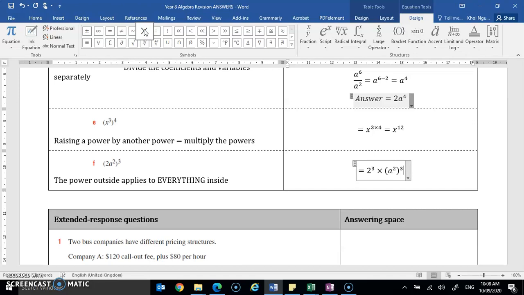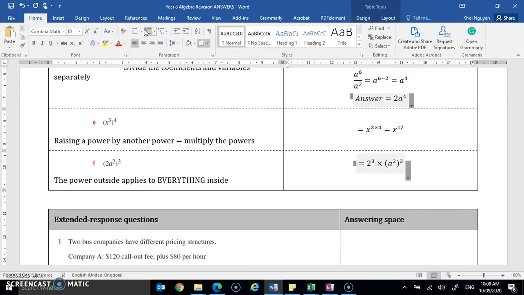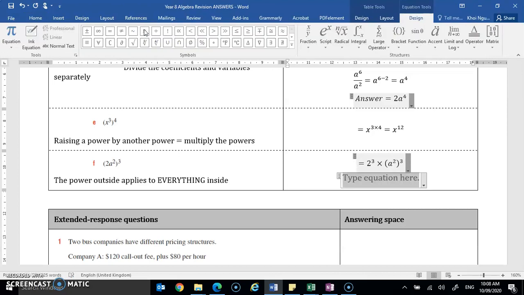So what we have next: I am going to leave the 2 to the power of 3 alone. I'm not going to do anything to that right now. And then for the a squared raised to the power of 3, similar to e, we multiply the powers.